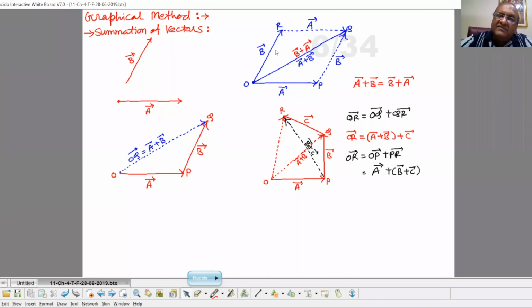But suppose we think on this side. So vector OP will be equal to vector RQ. So we can say vector RQ is A.